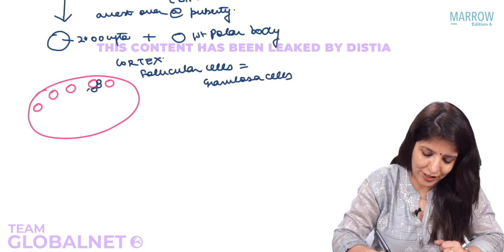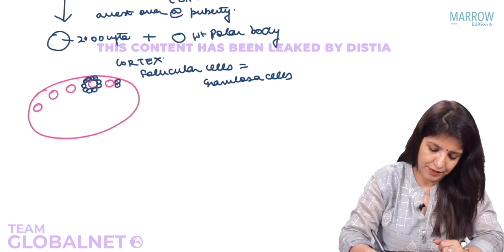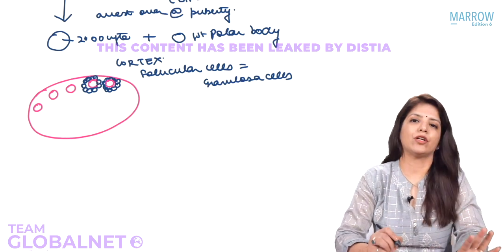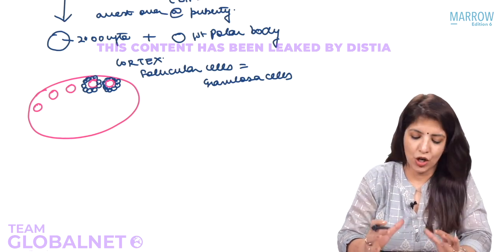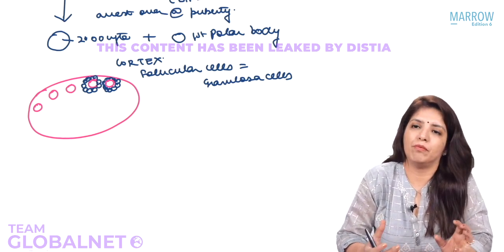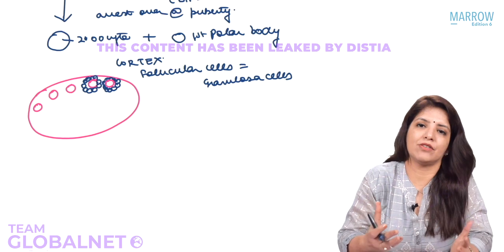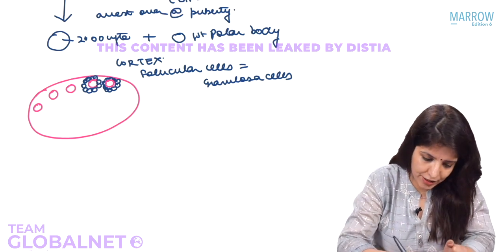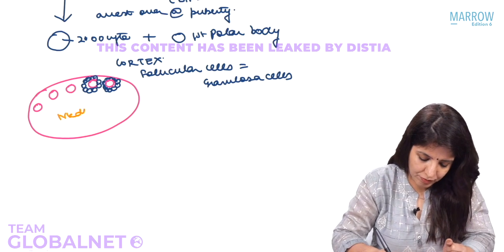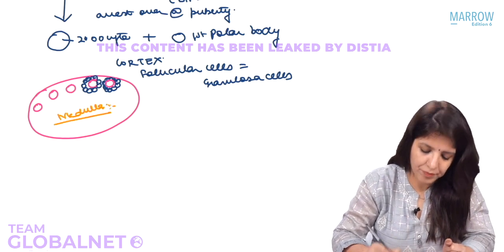Now these granulosa cells will surround the primary oocyte, because the follicular cells were present in the cortex and the primary oocyte is also present in the cortex. In the center we have the medulla.